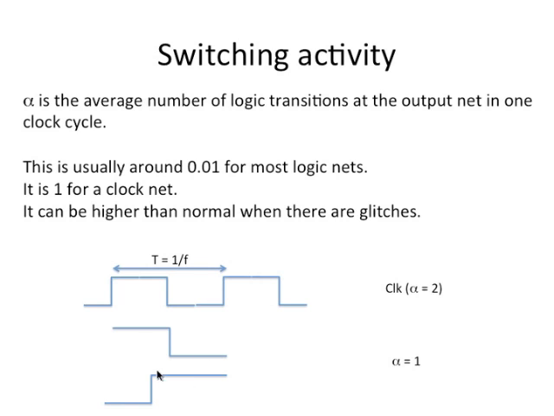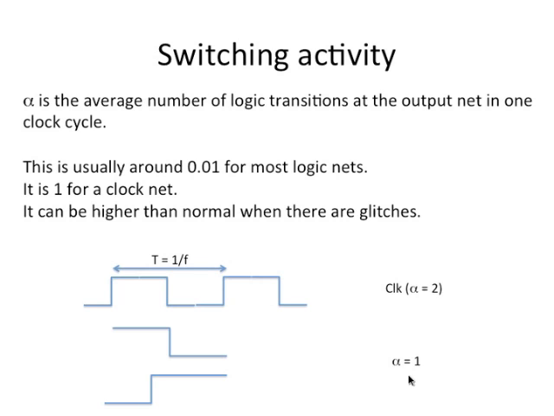For a typical logic net, alpha is actually much less than 1. For example, in this example, for this particular cycle there is exactly one transition. But if you took, say, 100 cycles, and there were, say, 5 transitions in 100 cycles, then alpha will be 5 by 100, 0.05.